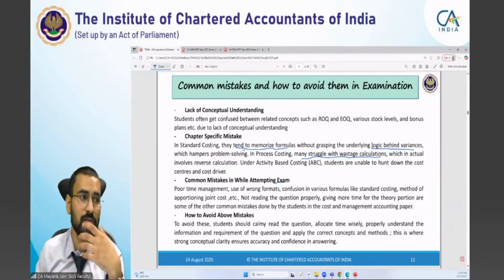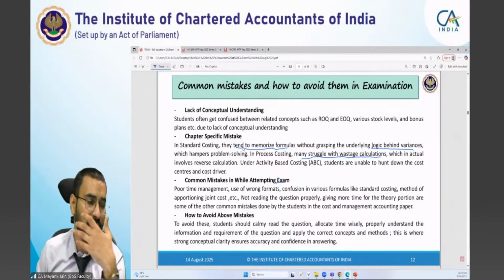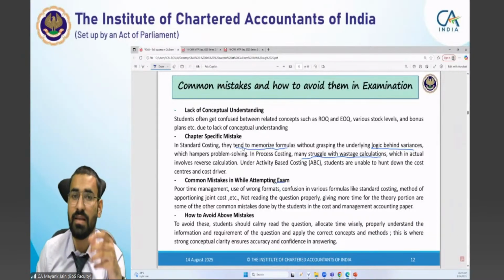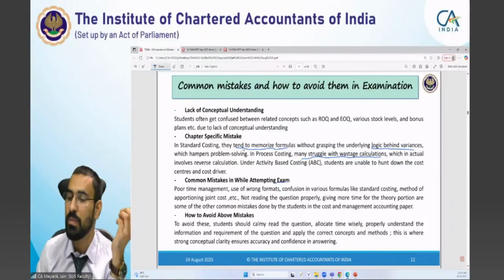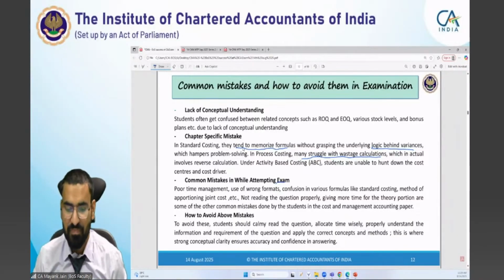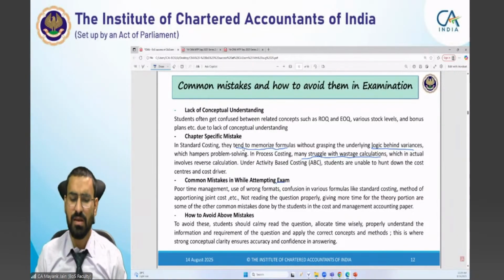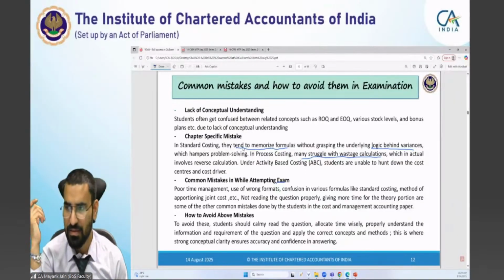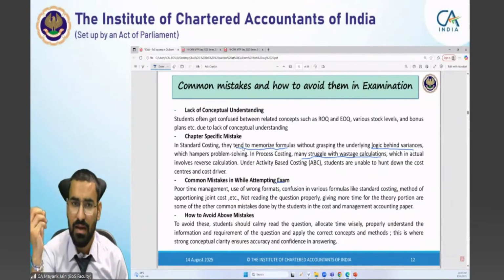You are attempting the question in another way, but the requirement of the question is something else. Next is giving more time to the theory portion, I've already said. And some of the other common mistakes are not reading the question paper properly, giving more time to the theory, and losing your confidence.